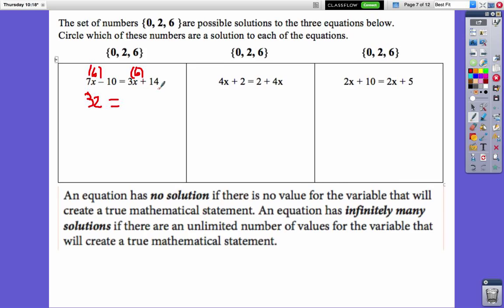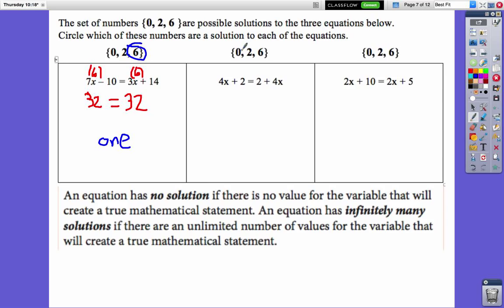What is 18 plus 14? Do we need a calculator for that, or do we have to do the work for it? So 18 plus 14 is going to be 32. So now I'm going to circle this, and I want you to circle it as well: 6 is the solution to that equation. So only 6 is going to work for that. 6 is the one and only solution to this.